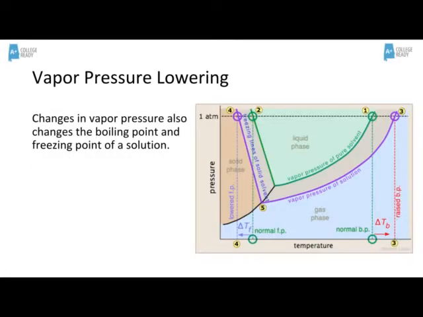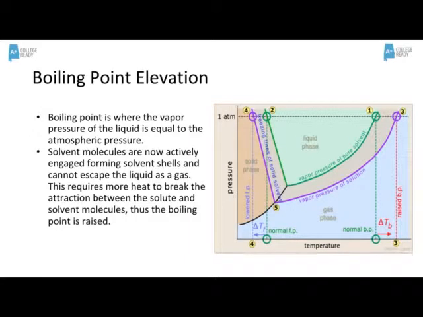When vapor pressure lowers, it also affects 2 other colligative properties, our boiling point and our freezing point. Let's look at boiling point first. When we decrease the vapor pressure, it causes the boiling point to elevate, or to raise. This is because, like we said before, the solvent molecules are now engaged with the solute molecules, so they can't escape the liquid as a gas.